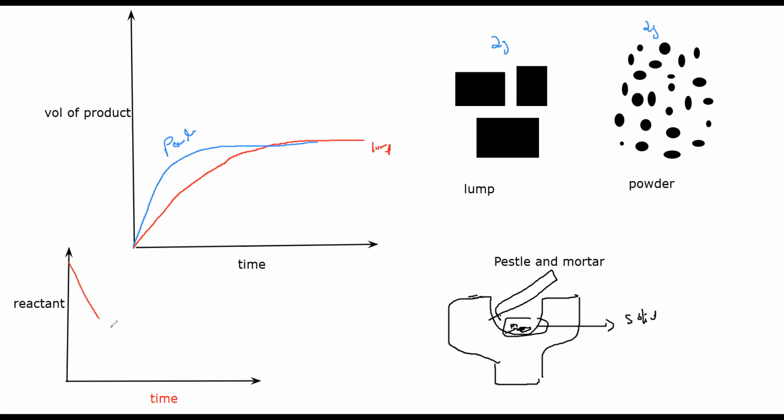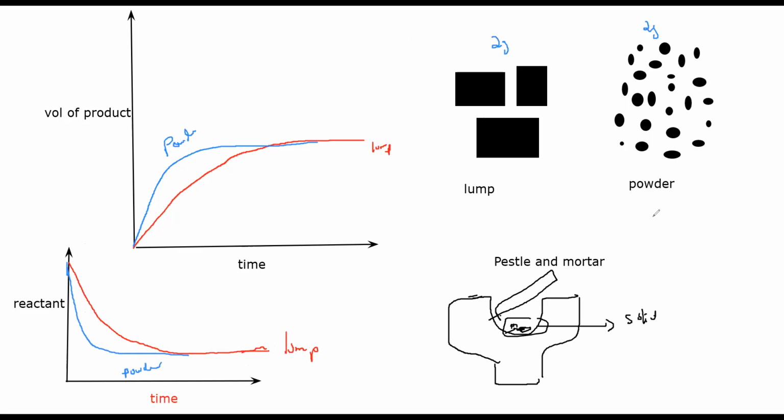And eventually it will be constant. When it is constant, it shows that the reaction stops. This is for the lumps. If you sketch the graph of change in amount of reactant for a powder, in the beginning there is a much steeper slope, faster rate, and it will end in a short time. So that is for the powder.